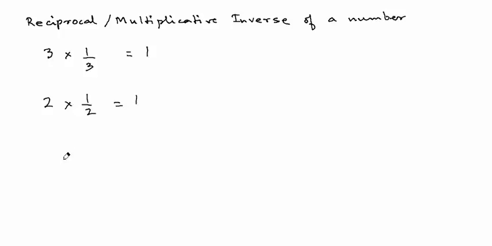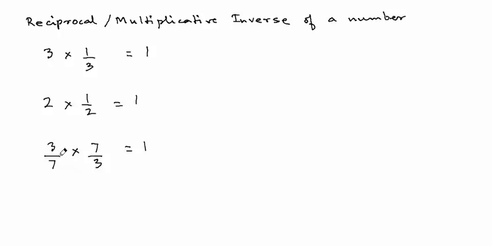And to find the reciprocal, the multiplicative inverse, of a fraction, let's say 3/7, you want to find that number or fraction that multiplies with 3/7 and you get a 1. And obviously to get a 1, you want to have a 7 on the top so that the 7 and the 7 cross off, and similarly you want to have a 3 on the bottom.